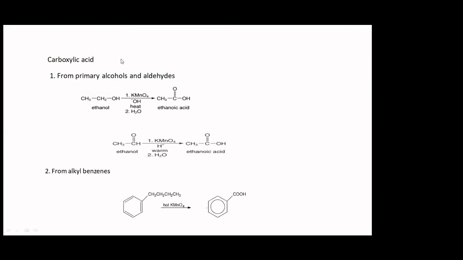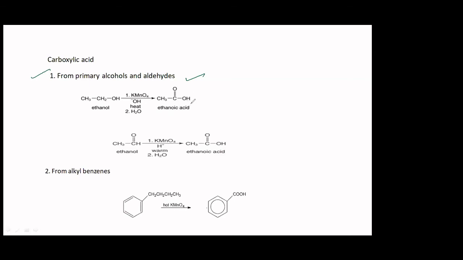What are the methods of preparation? Very simple methods, but they are important. From primary alcohols and aldehydes, just use oxidizing agents. If you use a mild oxidizing agent, the reaction would stop at the aldehydic stage. Collins reagent, CrO3 in CH2Cl2, is non-aqueous, so there also the reaction is going to stop at the aldehydic stage.